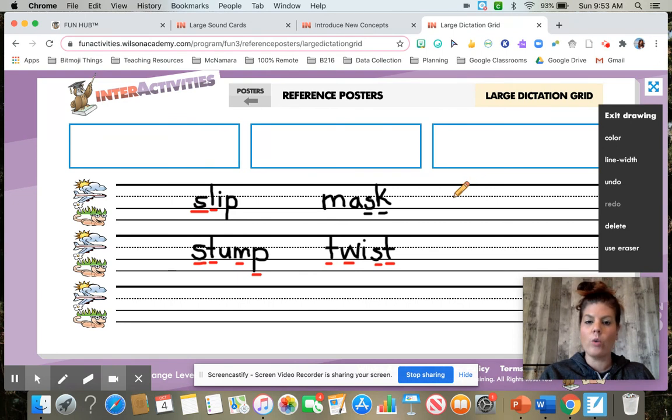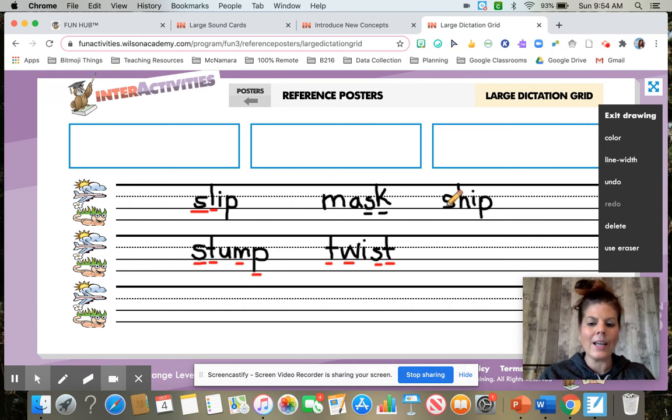I'm going to start with the word ship. Let's tap that. Sh, i, p, ship. Now, when I go to mark up ship, SH is a digraph. It makes one sound.